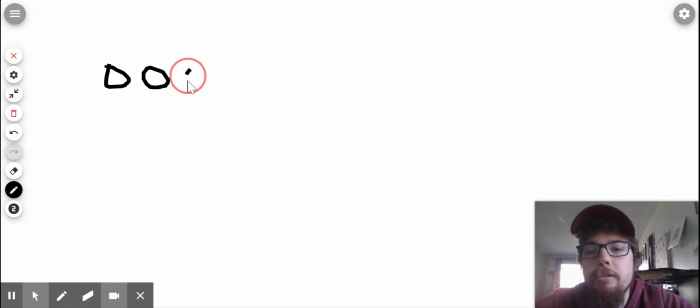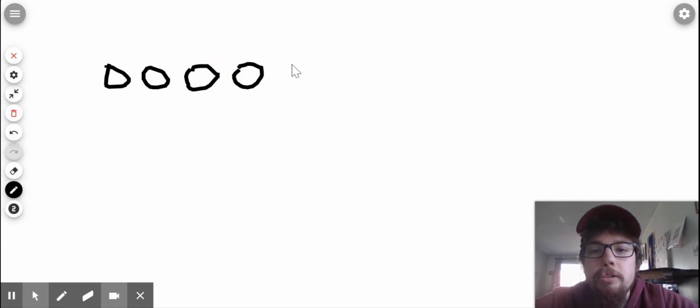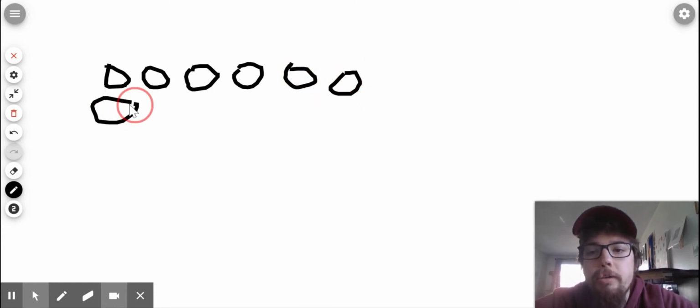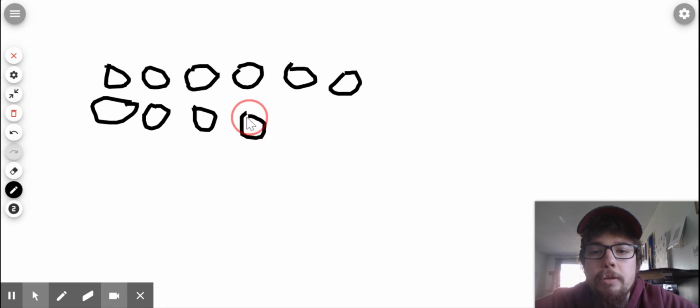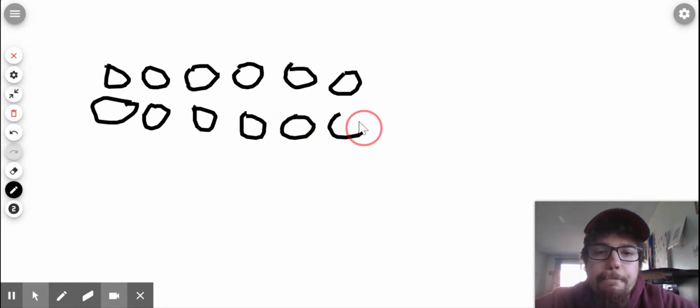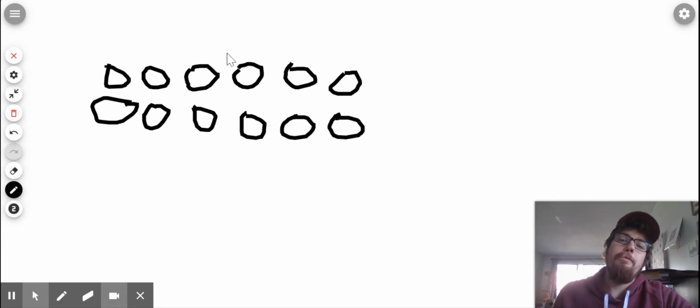I'm going to pretend I'm using jelly beans or checkers or coins or whatever. 4, 5, 6, 7, 8, 9, 10, 11, 12. Okay. So we have 12 counters.